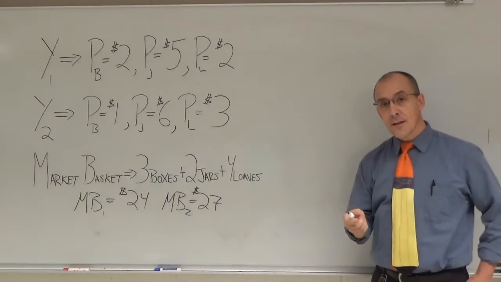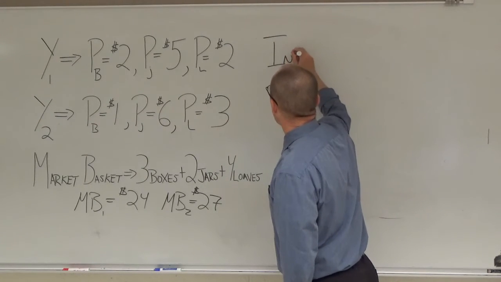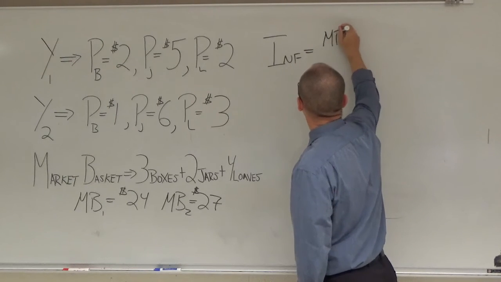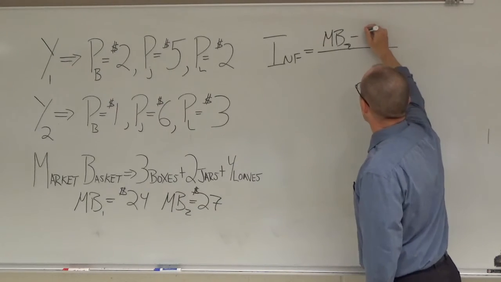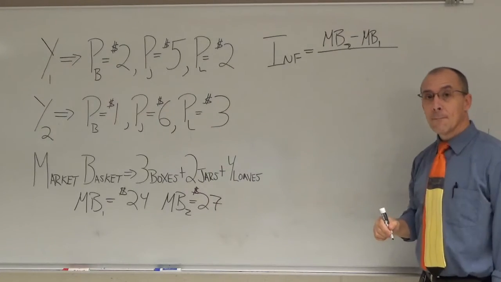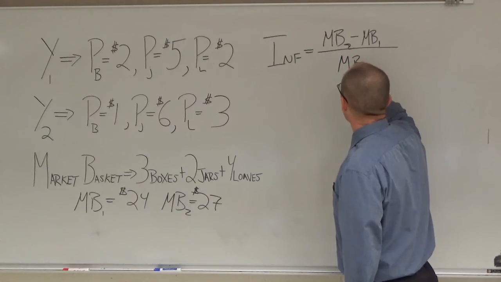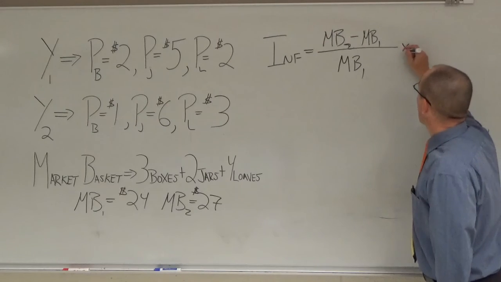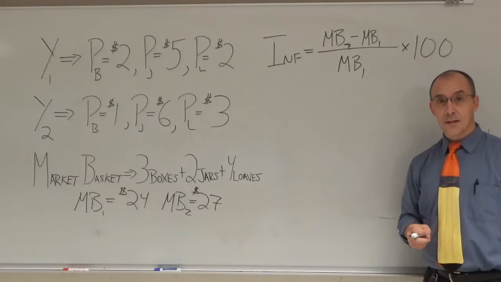The way we calculate our rate of inflation is pretty simple. All we do is we take our market basket price for year 2, subtract the market basket for year 1, and divide it all by the market basket for year 1. And then we multiply that result by 100 to get our percentage.